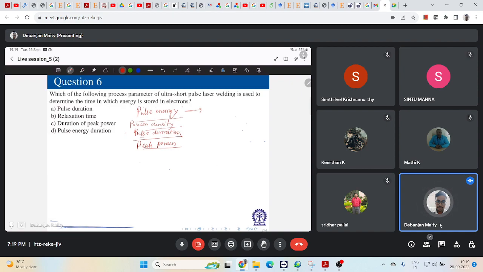Maximum power over a pulse on time. Then you have pulse frequency, the number of pulses over a period of time, right? What else? We have photodiode also, and laser focus, and we can have some relaxation time.